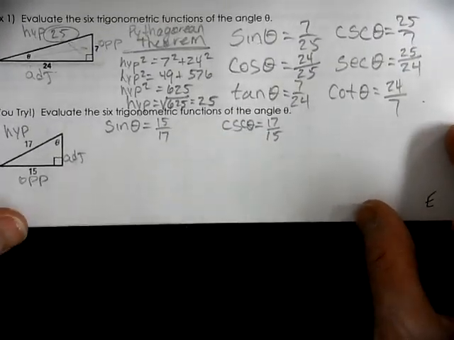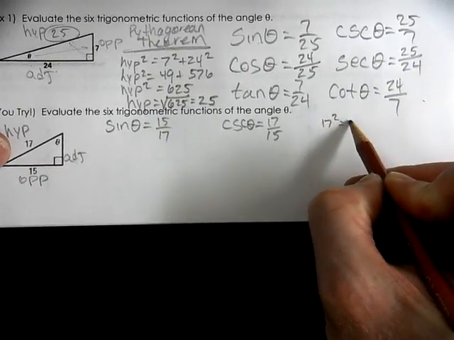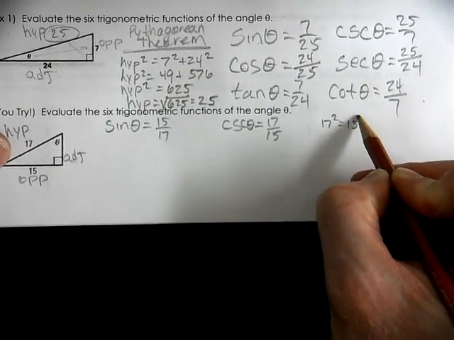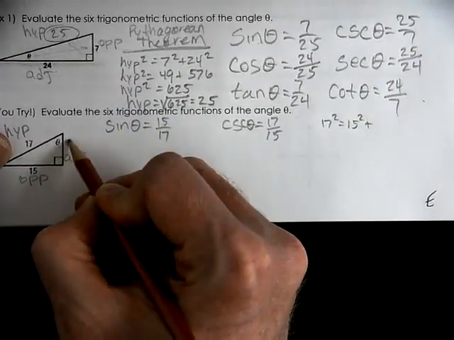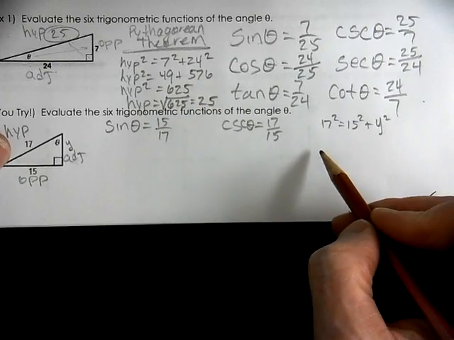So we need to come over to the side and do Pythagorean theorem. 17 squared equals 15 squared plus our unknown, we'll call that y for now, y squared.